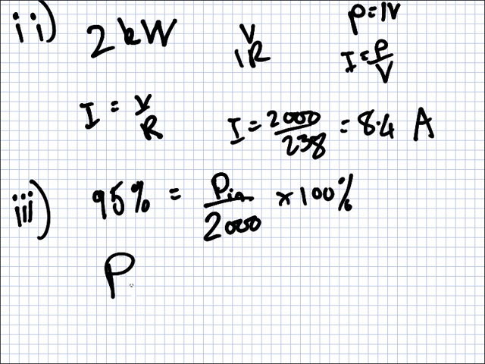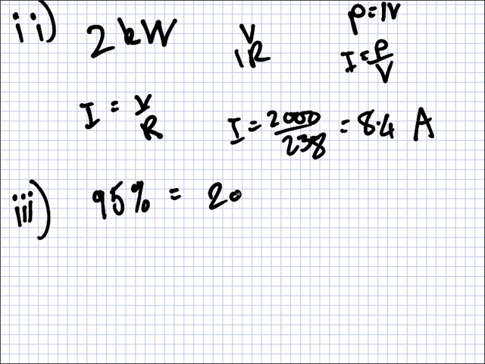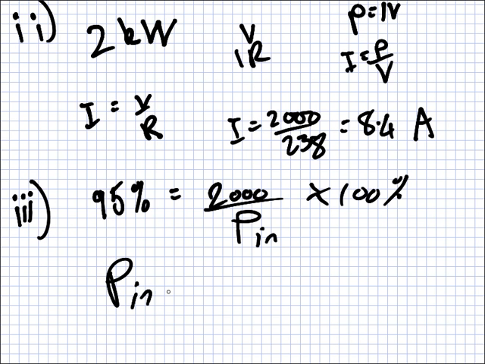No, I've done something silly there, I have it upside down. Power out over power in times 100. So power in is 2,000 over 0.95. What's that? 2,100? I got 2.11 kilowatts.